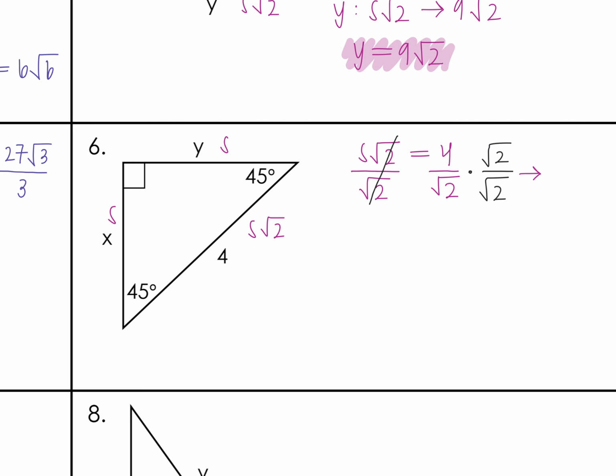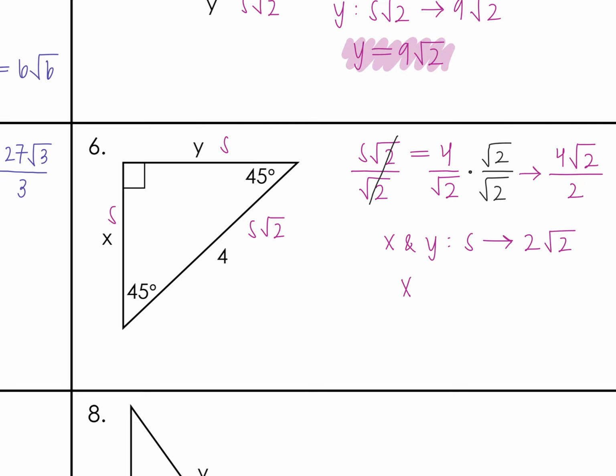And so I'm going to get 4 root 2 in the numerator, and then 2 in the denominator, because root 2 times root 2 just gives you 2. So my x and my y both have that ratio of s, which we now know is going to be equal to that 2 root 2 when you divide that 4 by 2.